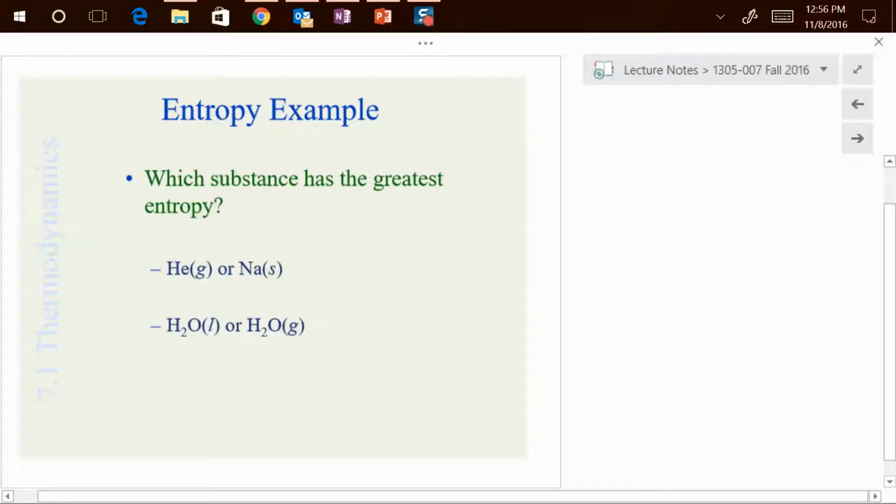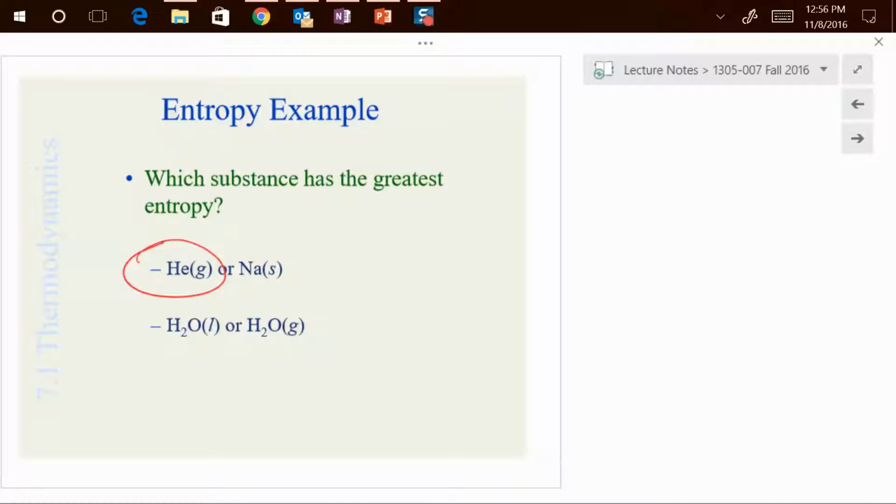So let's look at this and decide about entropy really quick. Helium gas or sodium solid? Which has greater entropy, meaning which one is more disordered and unorganized? A gas or a solid? The gas. This one has the greatest entropy. Okay?